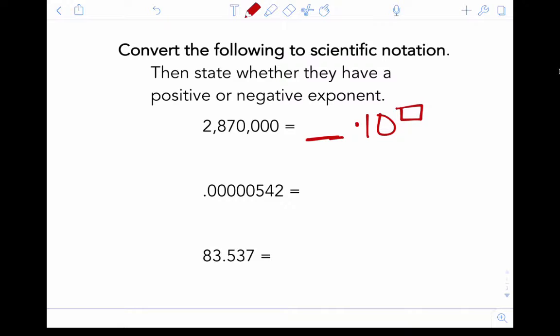Well, to get that number that's between 1 and 10, I need to figure out where this decimal needs to go on this problem here to make it between 1 and 10. The only spot that I can put a decimal that does this is right here between the 2 and the 8. If I were to put the decimal anywhere in front of the 2, that number is going to be too small. If I were to put it anywhere behind the 2, that number is going to be too big. So the only spot is between the 2 and the 8.